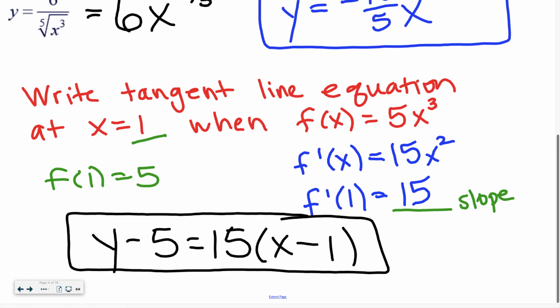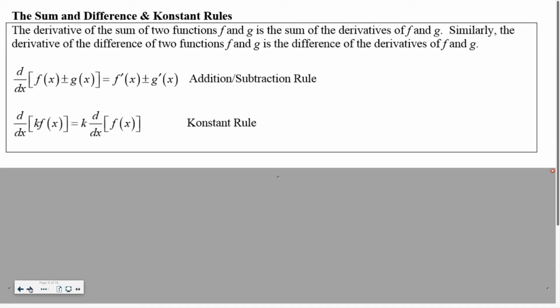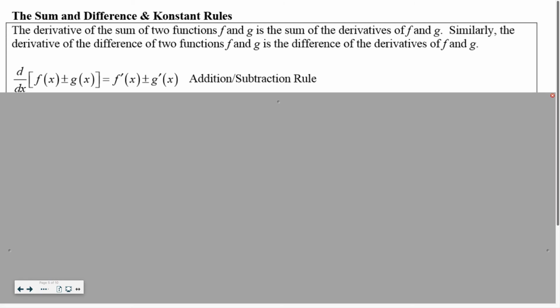Now, how many equations do you see that are just 3x squared or 5x cubed, just one term? Not many functions are just one term polynomials. You don't even have to write this down, but if you have functions that are being added or subtracted, we can take their derivatives individually.